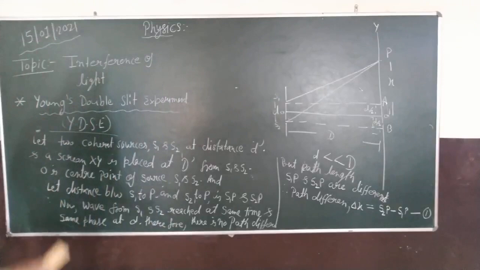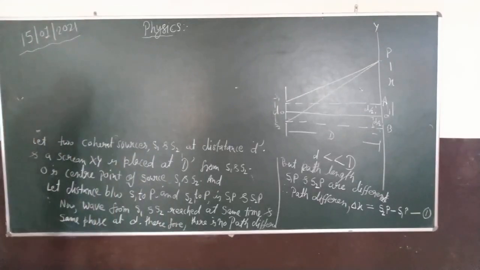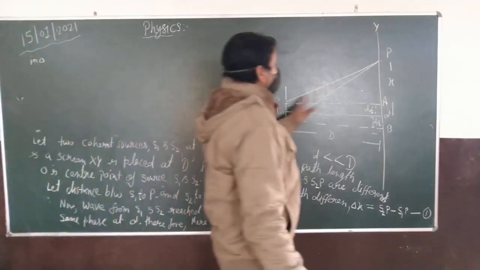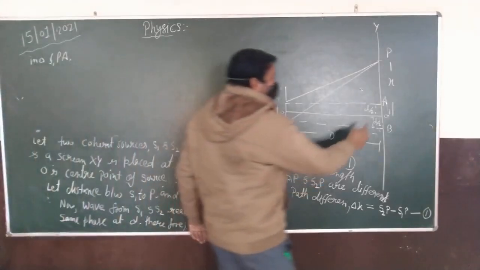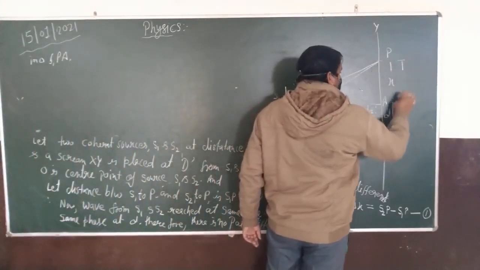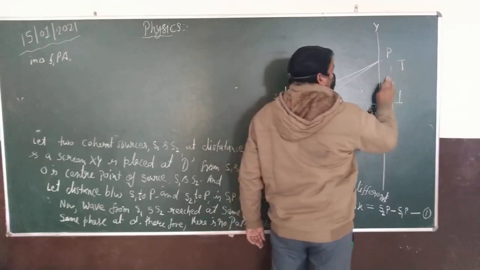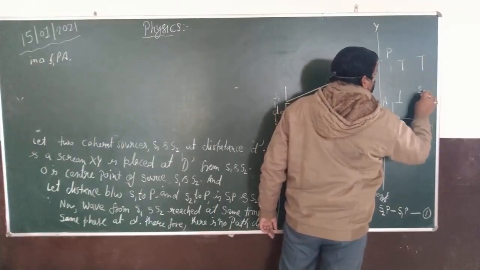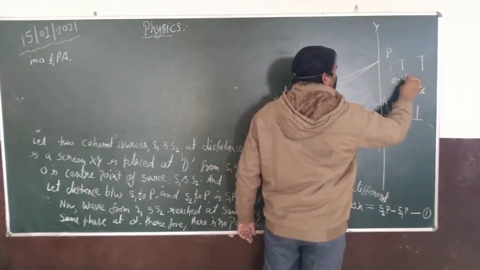Therefore, in triangle S1PA, the distance from P to O dash is x, therefore the distance from A to P is x minus d by 2.